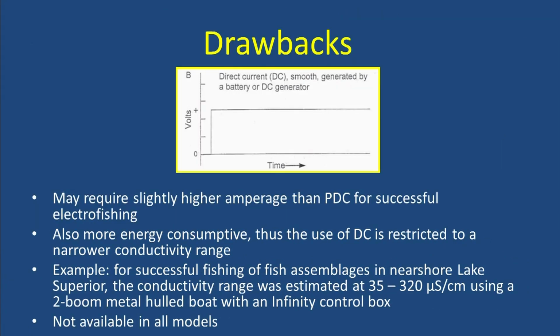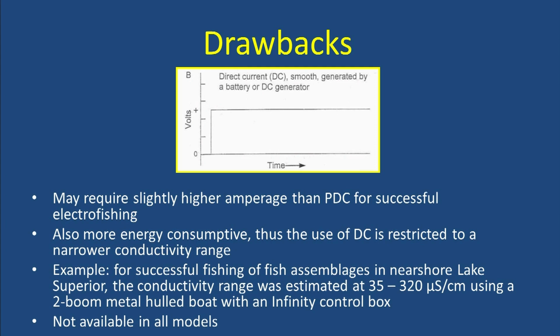So what are the drawbacks of DC? Well, DC may require slightly higher amperage. It requires more power than pulse direct current to be successful. And since it's always on, since it's 100% duty, it's also more energy consumptive. Because of that, DC is more restricted in its conductivity range.